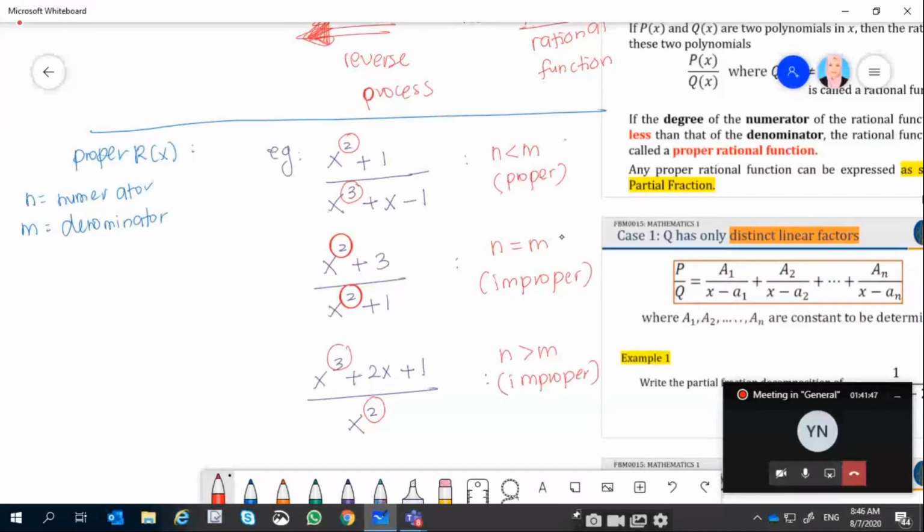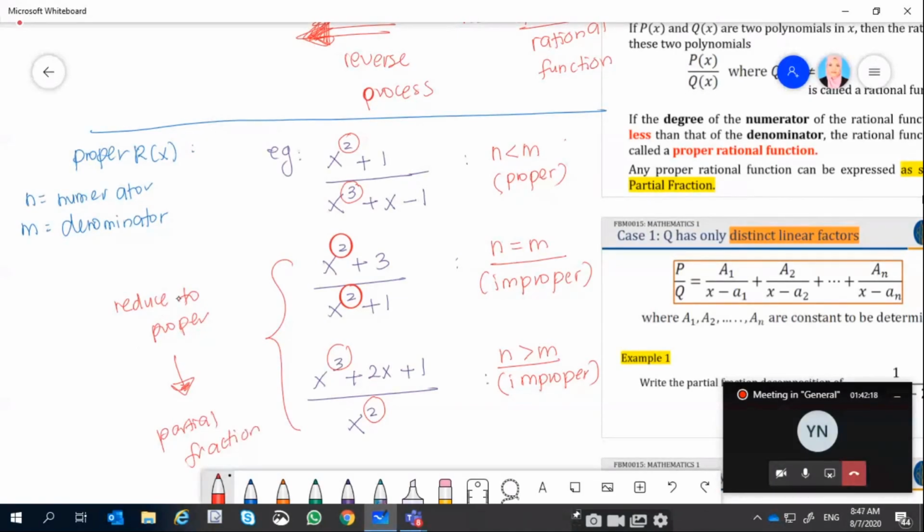So there are two conditions for an improper rational function: one, when n equals m, and another, when n is greater than m. For these two cases, you have to reduce it into proper first, then only you can express it into partial fraction.